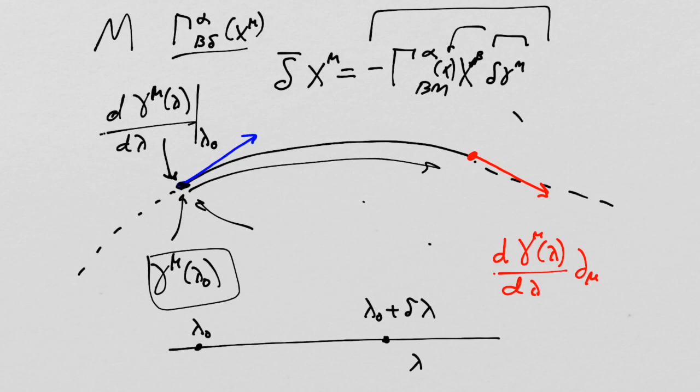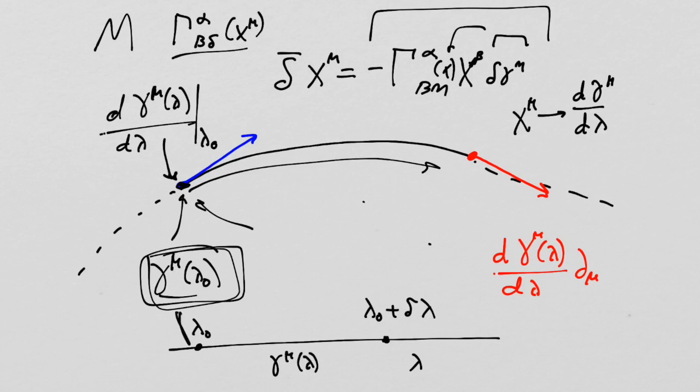So x mu, I'm going to replace with d gamma mu, and I'll suppress the lambda. We all know that gamma mu is a function of lambda, I mean, that's what it's all about. That's gamma mu of lambda 0, but it's a function of the parameter lambda. So I make that replacement right into here.